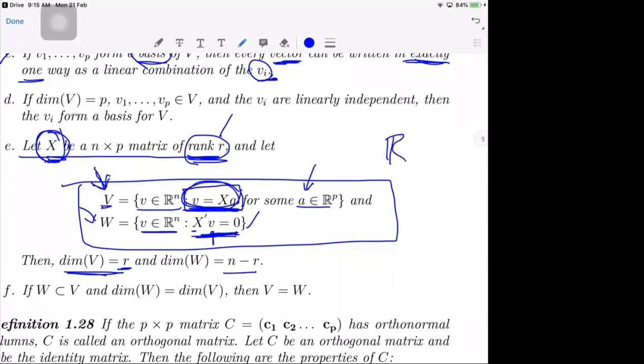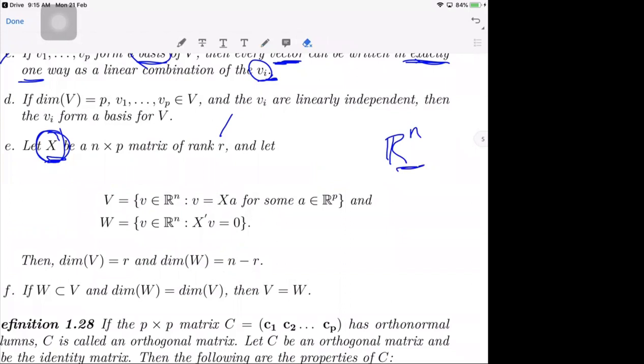Take note that this is in R^n. So you take the dimension of R^n, minus the dimension of V. That will be the dimension of this type of vectors, that is, when you pre-multiply by X transpose, it is equal to 0.